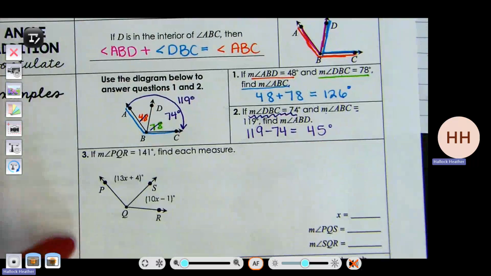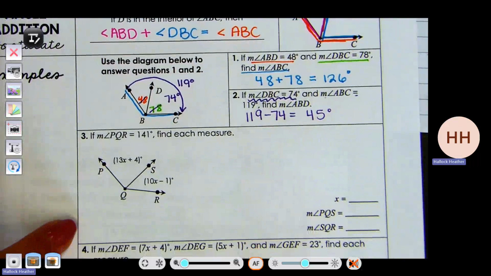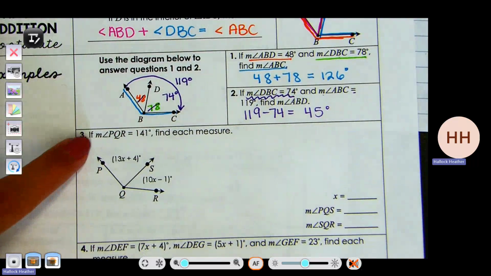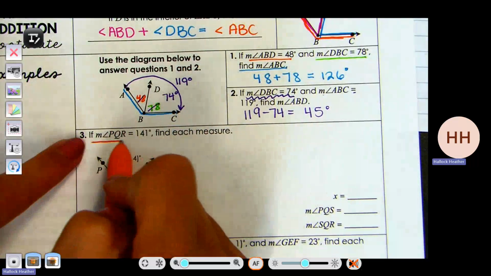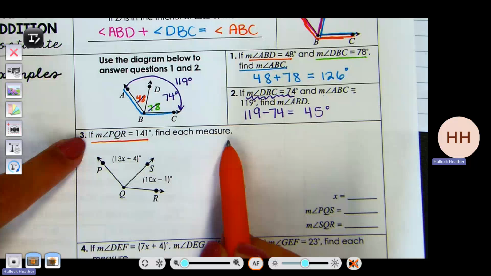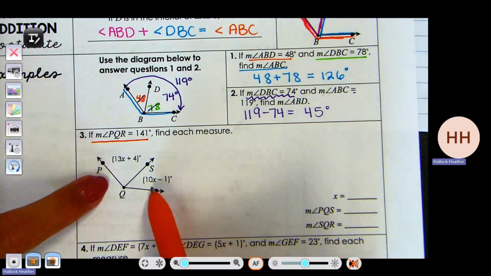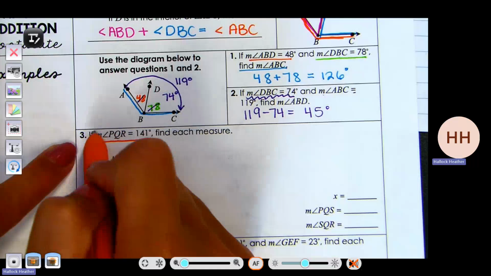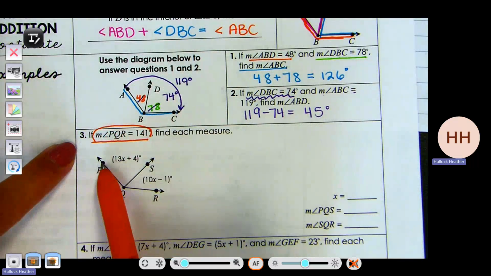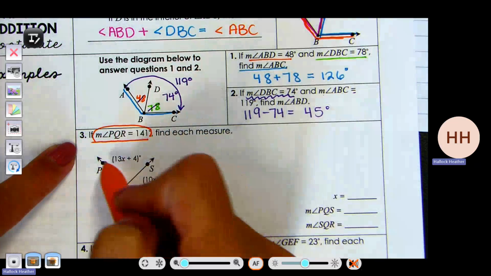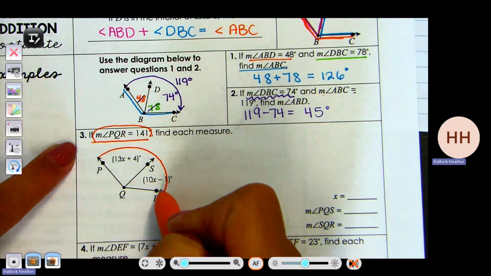So let's use the same ideas to do number 3. Number 3 says if the measure of angle PQR is 141, find each measure. You have this picture. A lot of people will just jump to the picture and be like, okay, let me just do the math. You have to take this information and put it in your picture. So P to Q to R is the whole thing.